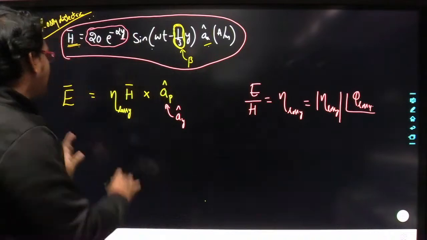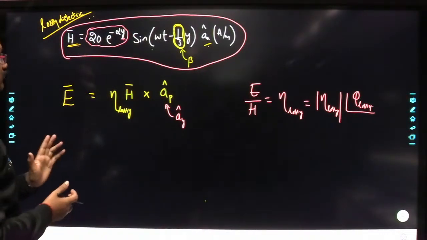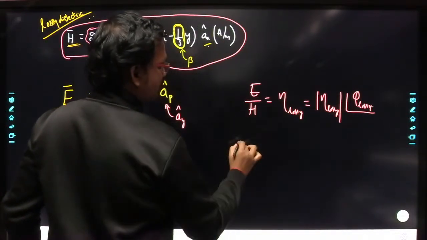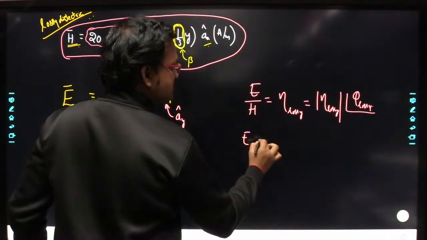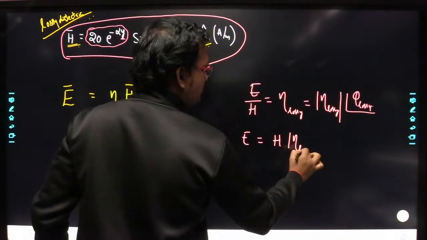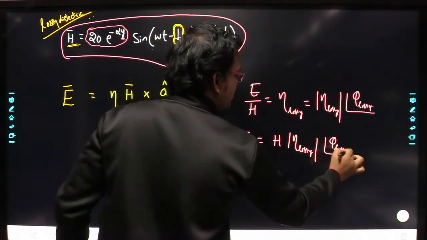So whenever you are writing the expression for electric field here, E is equal to what? E is equal to H into magnitude of eta lossy, with this phi lossy, right?